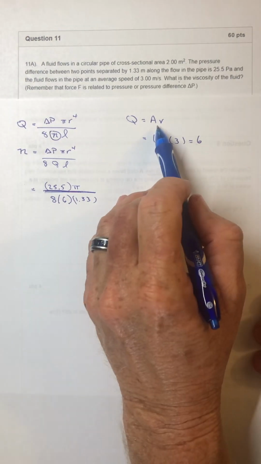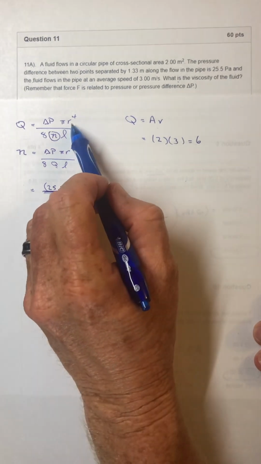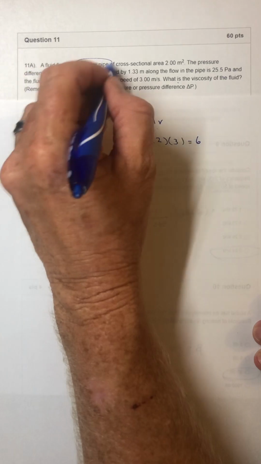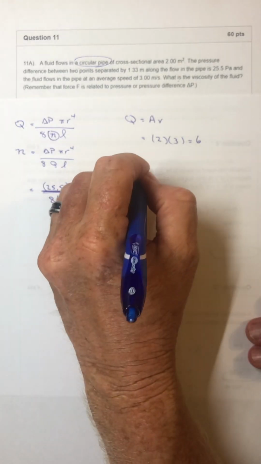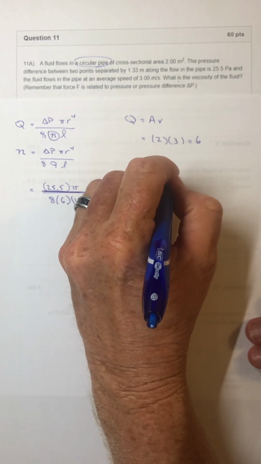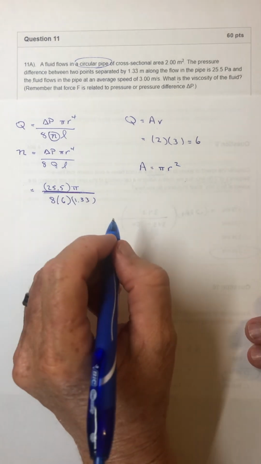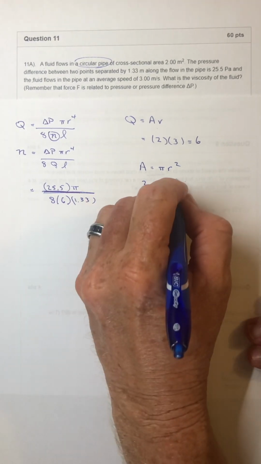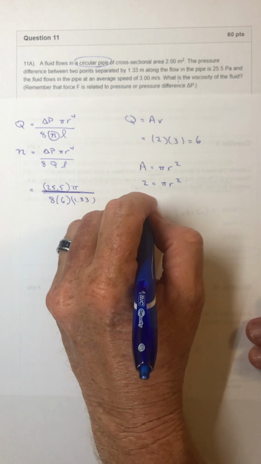And so I'll call this a side calculation we need to do. But we've got another side calculation because we need the radius. Since it says circular pipe, we know that area is pi r squared. And so the area is 2, and this will allow us to solve for r.